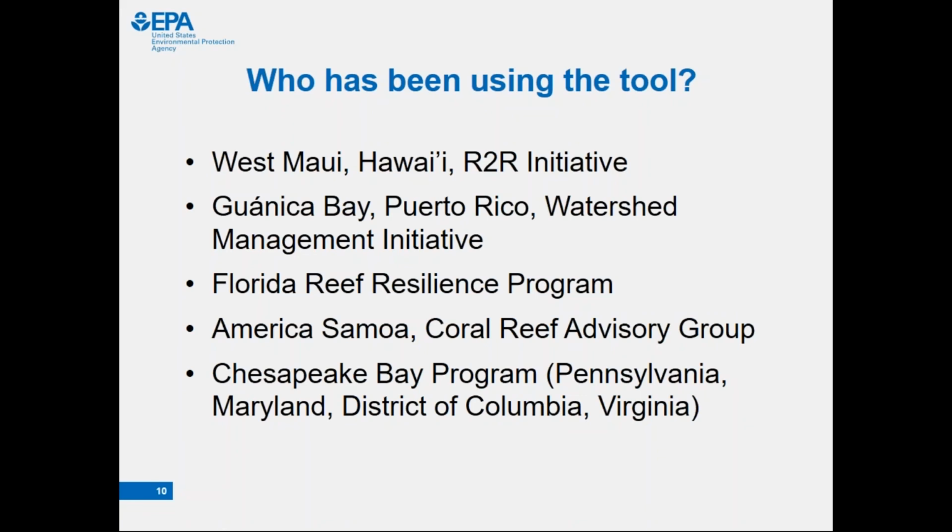And finally, the Chesapeake Bay program, which has a series of goal implementation teams, has been using the tool for this higher level strategic planning that I just described, where they have run a series of very specific actions on wetlands, climate smart management questions, as well as for seagrasses and for management of toxic contaminants.